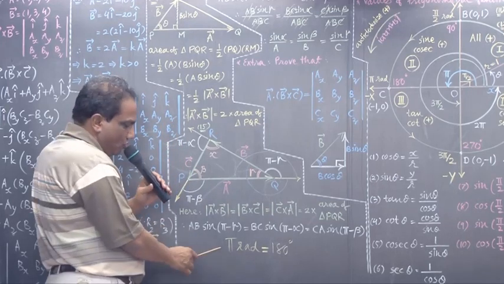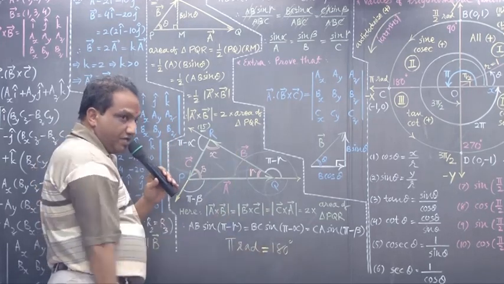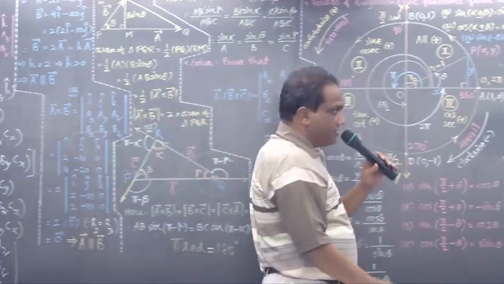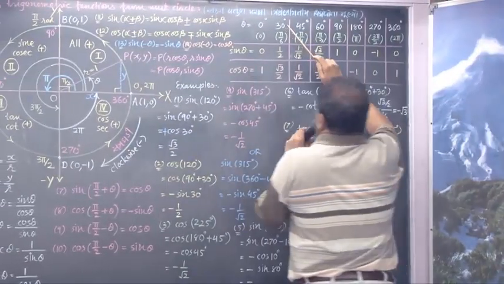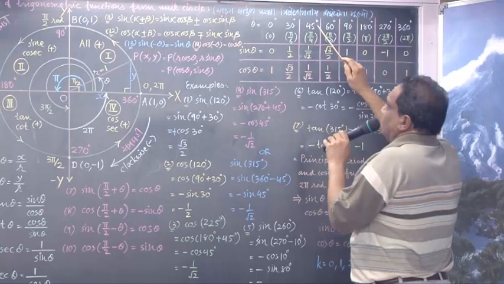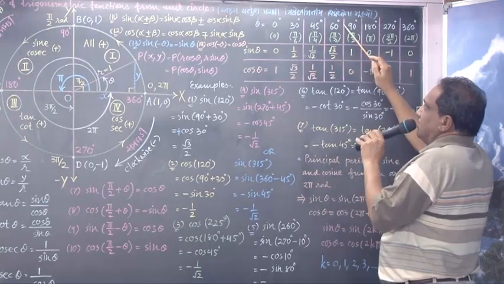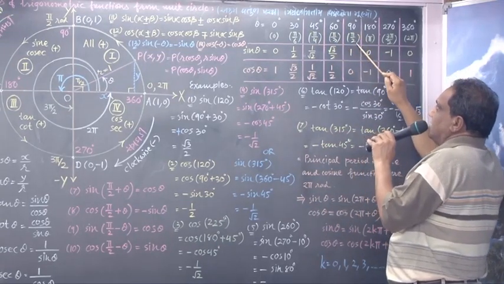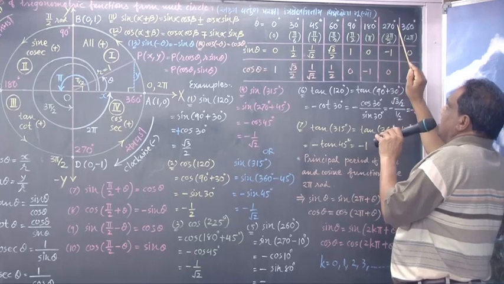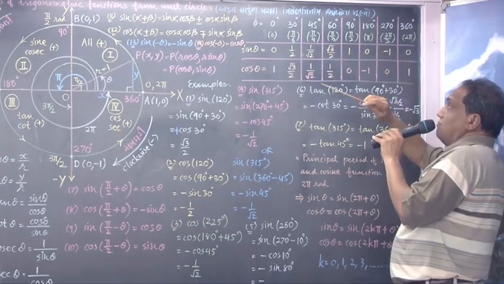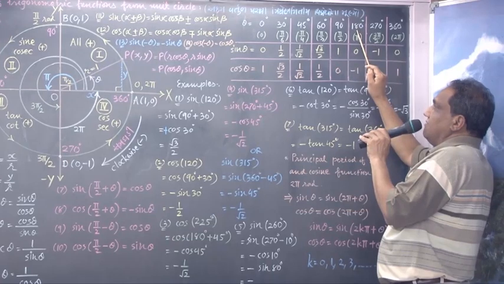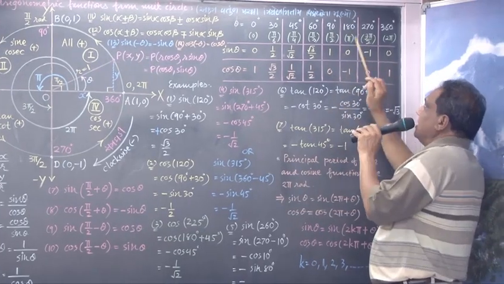Multiply by 2. 2 pi will be 360 degree. 2 pi radian is 360 degree. So we have 30 degrees, 45 degrees, 60 degrees, 90 degrees, 180 degrees, and then if you multiply this 180 degree by 1.5, that is 3 by 2, then it is 3 pi by 2.